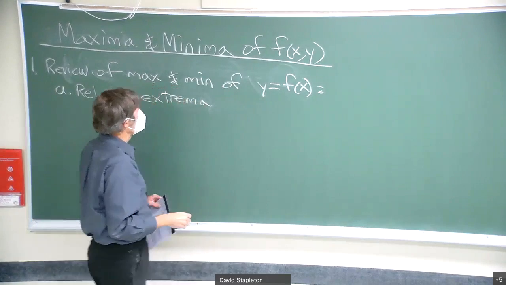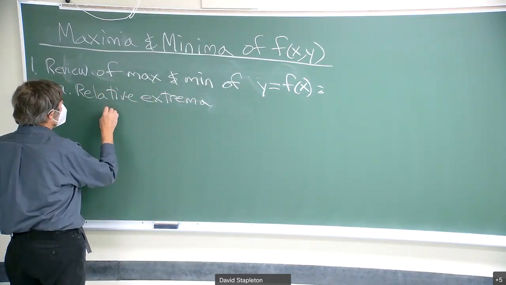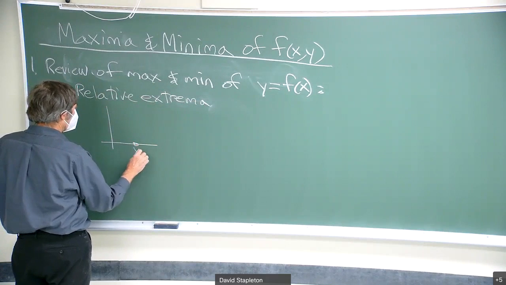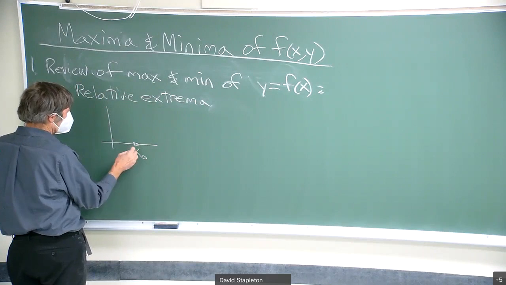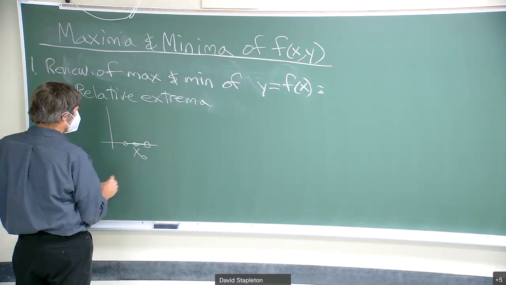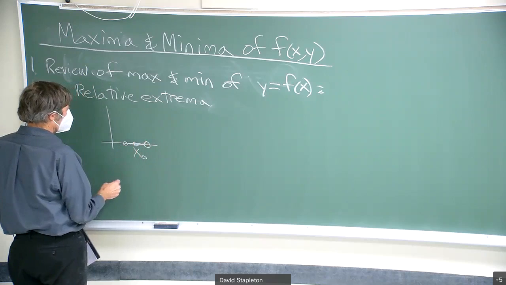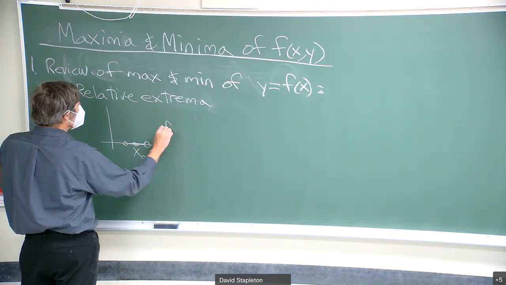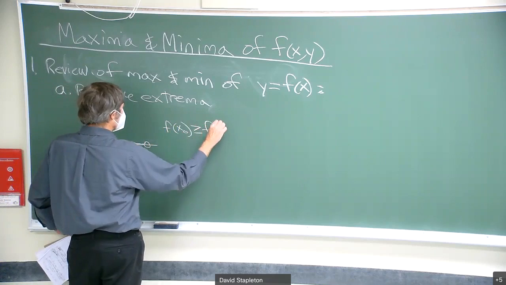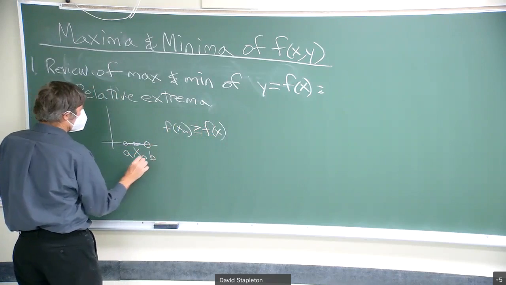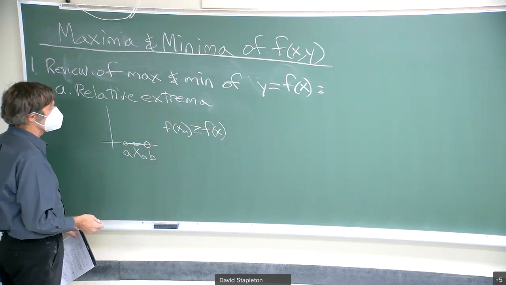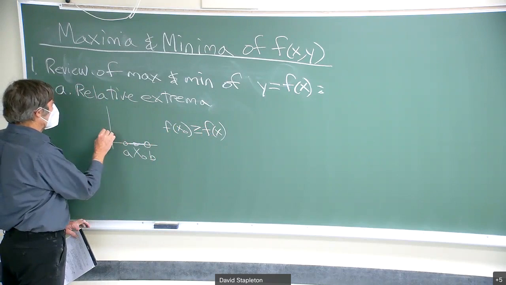Well, what is it? A function has a relative extremum at x0 if on some open interval, no matter how small, containing x0, f of x0 is bigger than or equal to f of x. So x0 is an interior point. You can do a closed interval as long as x0 is an interior point, but it tends to be defined this way.